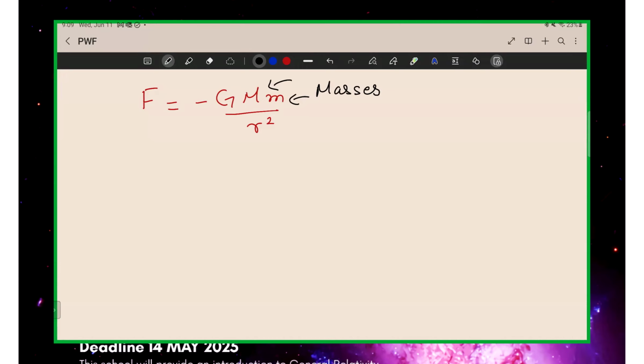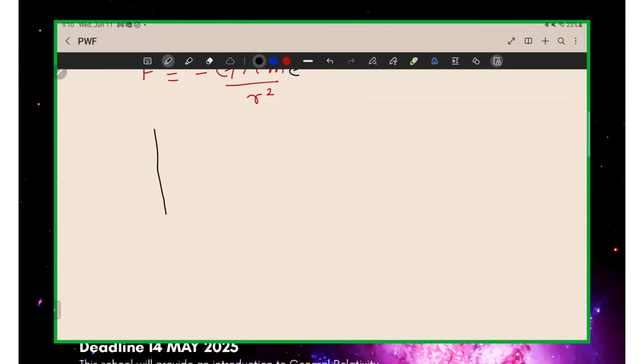I'll sketch a small argument to convince you that energy, and not mass, is the source of gravity. Suppose that you have a box like this with a partition in between. In the upper side, you have some positively charged particles, and in the lower half, you have their antiparticles, which are negatively charged.